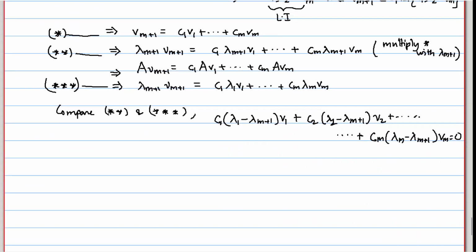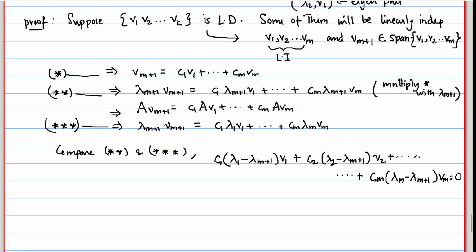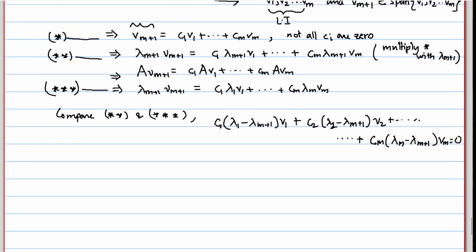But observe that not all Ci's are 0, because if all Ci's were 0, then Vm plus 1 would be 0. And each of the differences is non-zero, because lambda 1 is different from lambda m plus 1.